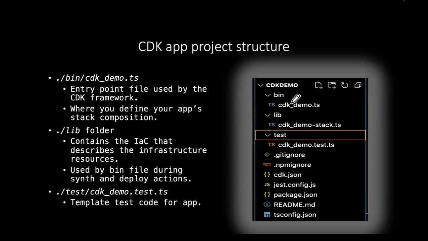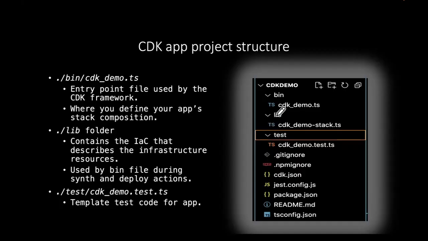You may need to make some edits to this TypeScript file, but you tend to leave the folder name the same. You can change it, but if you do, then you have to make some changes to this config file, this JSON file here, which we don't tend to do.